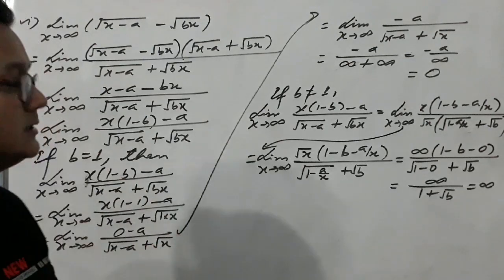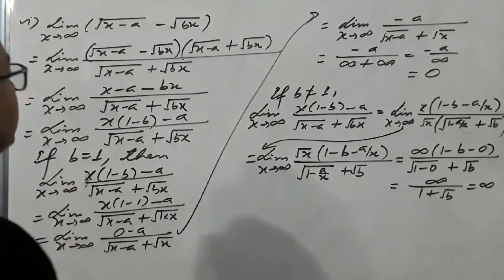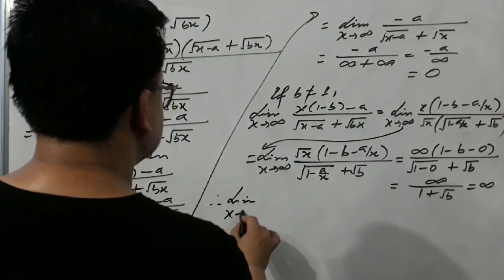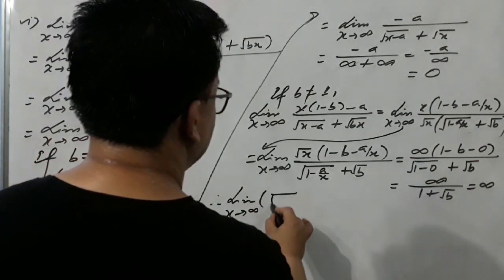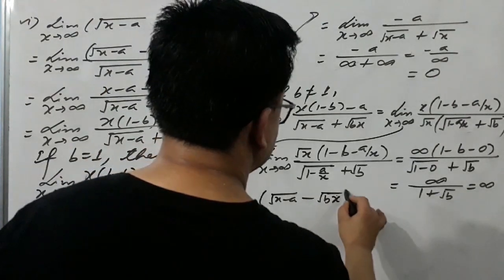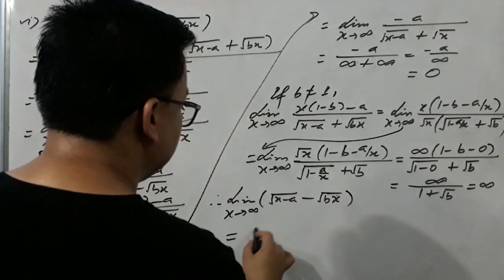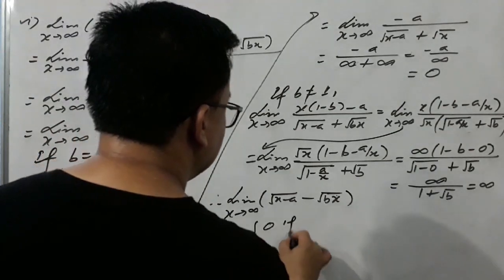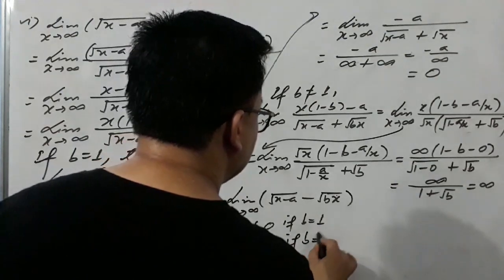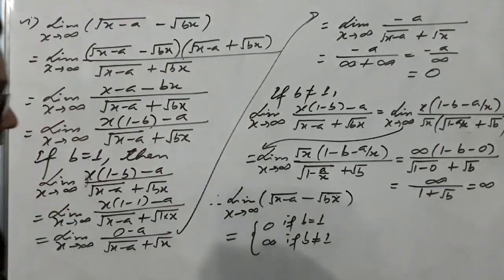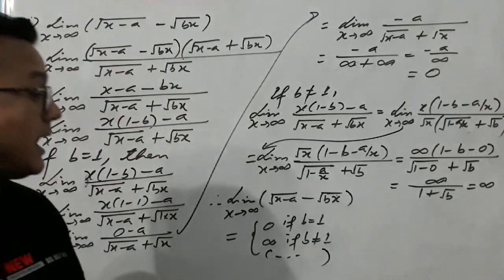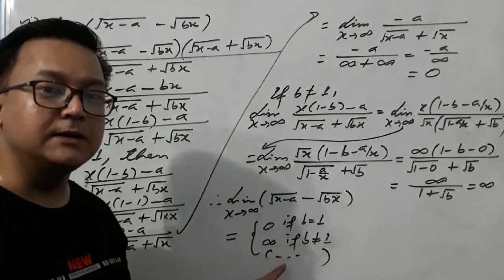Clear? So finally, you may write: therefore, the limit as x tends to infinity of x minus a minus root bx is equal to 0 if b is equal to 1, and infinity if b is not equal to 1. Like this way you may write, and for infinity you may write that the limit of the function does not exist.